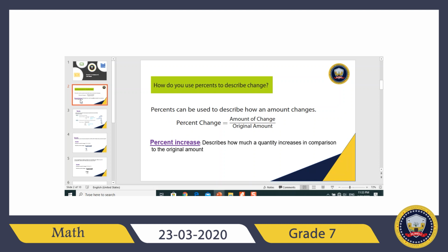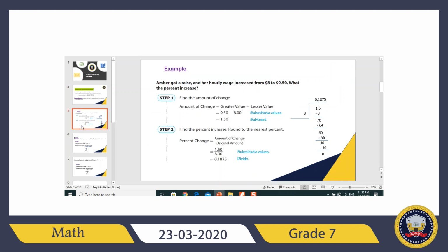Let's take an example in order to be more clear. Here Amber got a raise, yani her salary got raised.